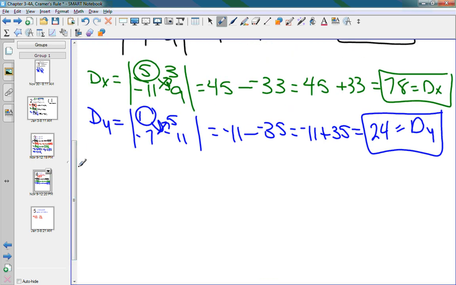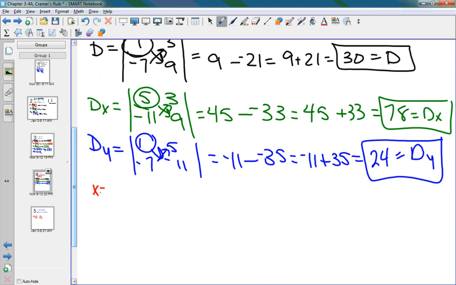So x is going to be dx over d. So what's dx? 78. D is 30. Now your brains need to try to work without a calculator. Are they both even or odd? Even. Since they're both even, what do they both look like? 2. So what's 78 divided by 2? What's 30 divided by 2?